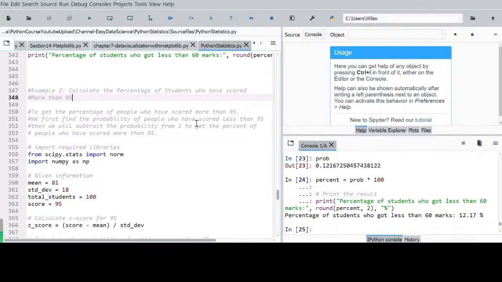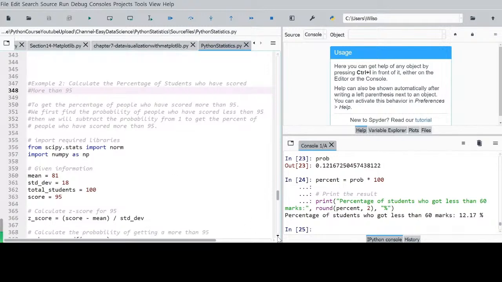Then we subtract that probability from 1. So we use 1 minus this cumulative probability, and then we get the probability of people who have scored more than 95, right?